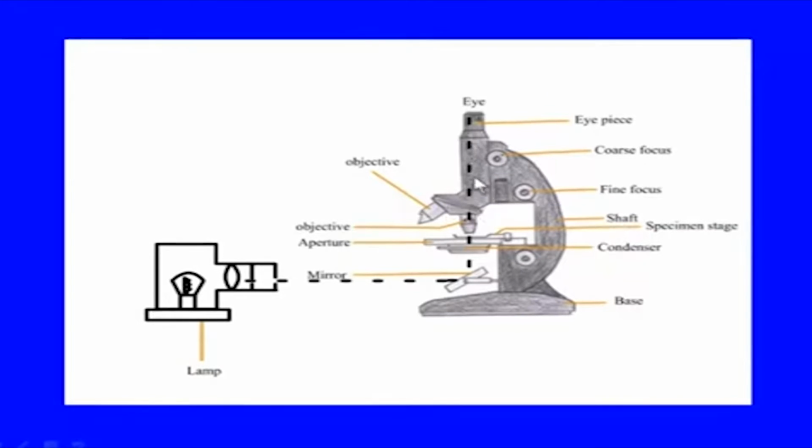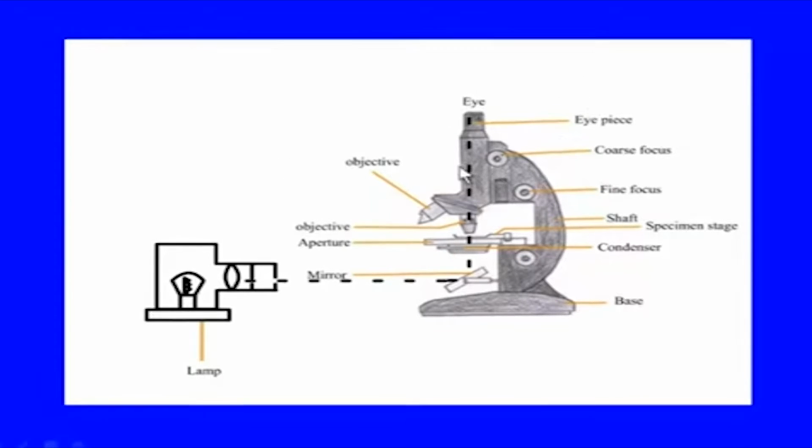Now, the mechanical tube length is a fixed tube length, and there are two kinds of optical systems here. One is the finite optical system, as I will show you in the next slide. Another is the infinity corrected optical system. It is very difficult to put auxiliary components in a finite optical system or fixed tube length, because of problems of correct or sharp image formation due to aberrations and other problems.